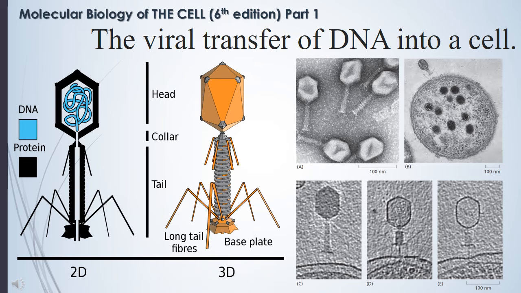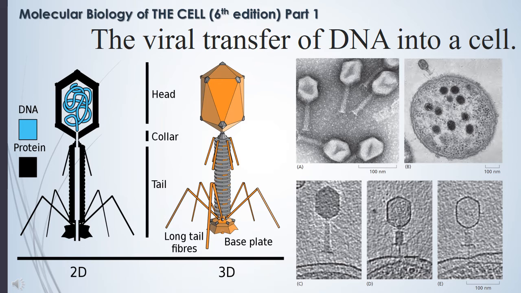Now let's talk about another way DNA can be transferred from one organism to another. Now, it is debatable whether a virus is an organism or not, because all it has is a set of proteins and DNA or RNA, nothing else.